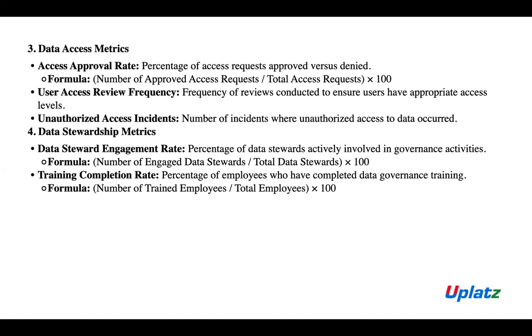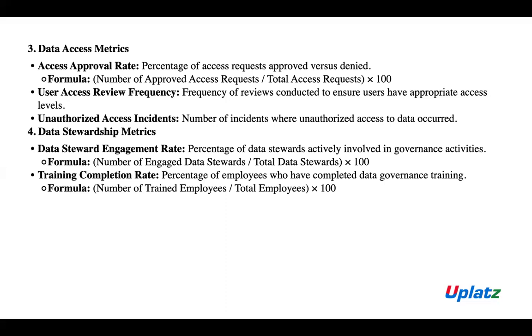The fourth one is data stewardship metrics. The first point in this is data steward engagement rate, the percentage of data stewards actively involved in governance activities. The formula for this will be number of engaged data stewards divided by total data stewards, multiplied by 100.